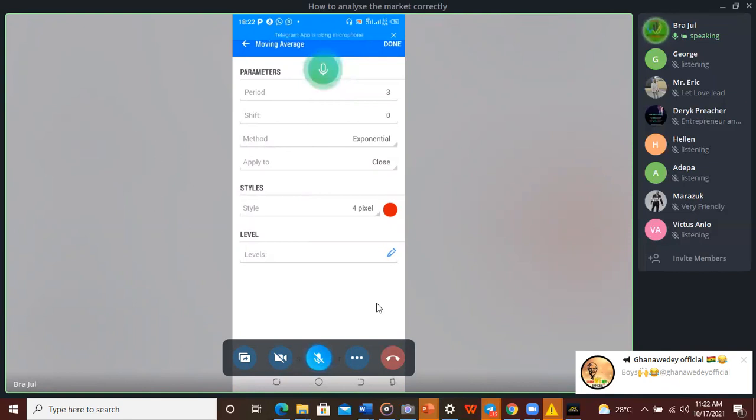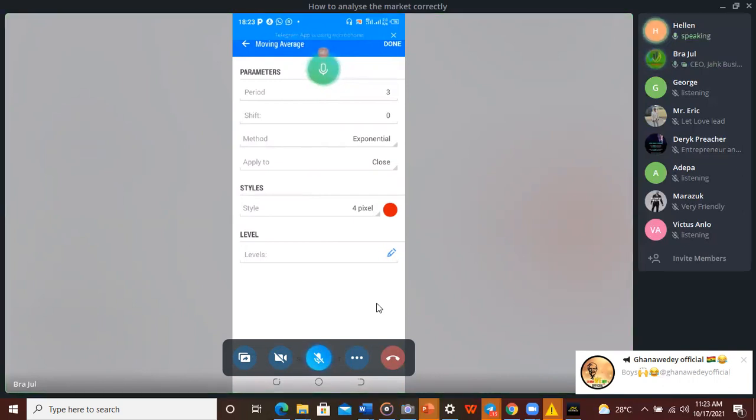All right. So Miss Helen, which color do you use for your 3-period moving average? The 3 is black. What about the 10? Blue. And what about the 50?